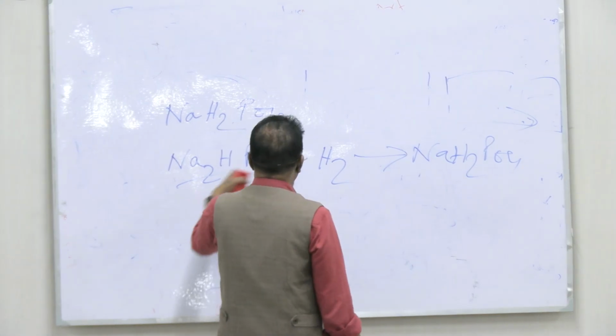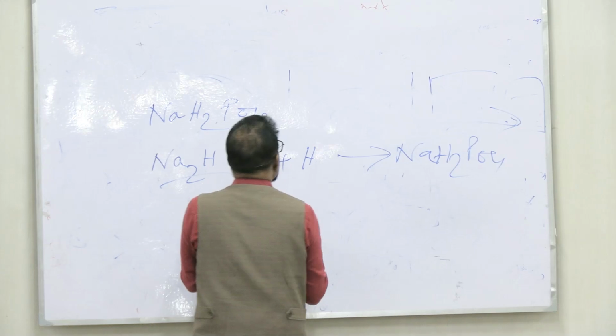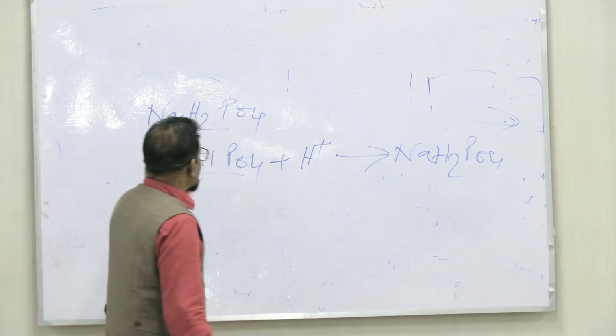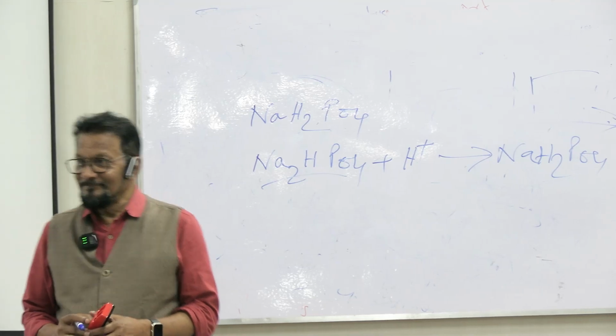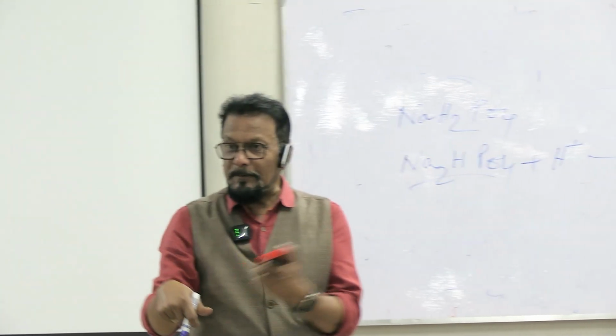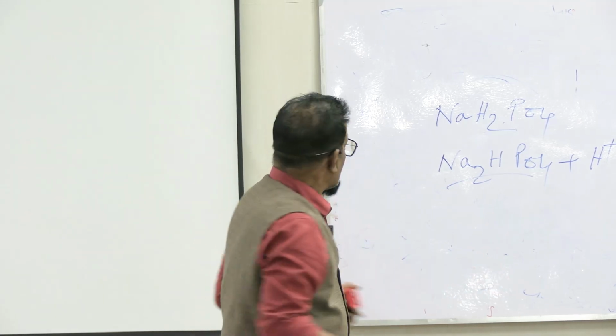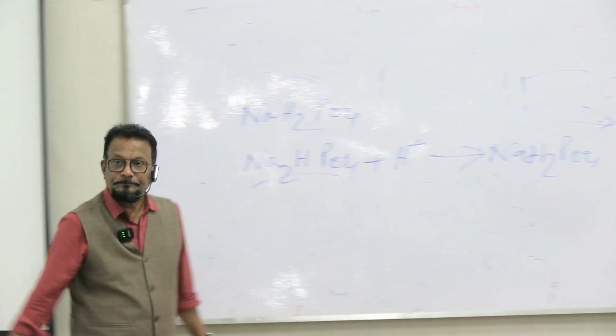So in this way, this hydrogen can be accommodated. So an increase in hydrogen concentration can be prevented by this. This is monohydrogen sodium phosphate.